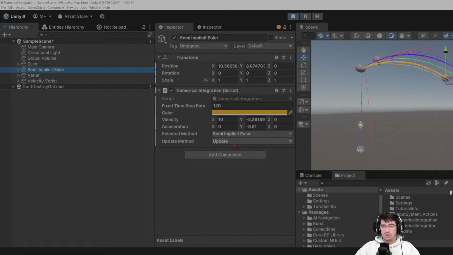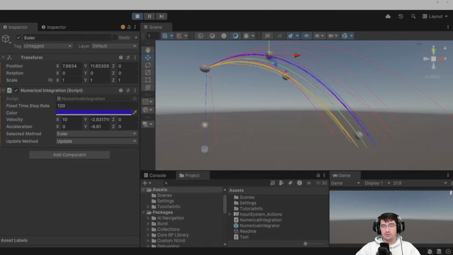If we look at the Euler one, the blue one, you can see that every time I drop the ball with the same initial velocity, same initial position, I am not following the exact same path. So it's not very accurate, and you can see that it's also above all of the other ones except for the red one, which I will come to later.